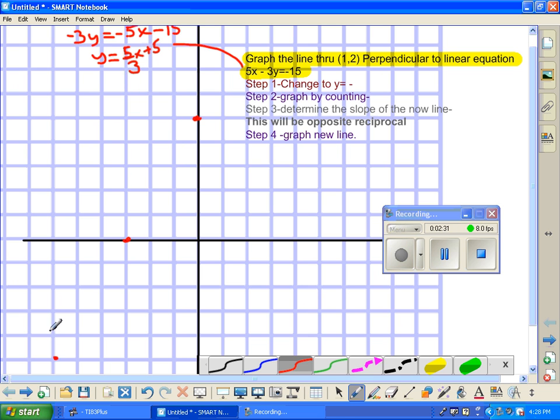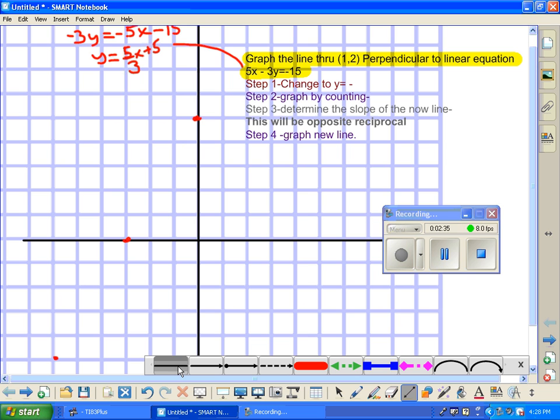Now let's connect and graph. In connecting these points, this is the equation y equals 5 over 3x plus 5.